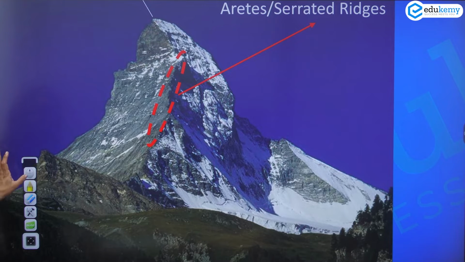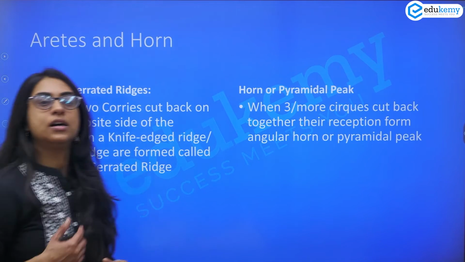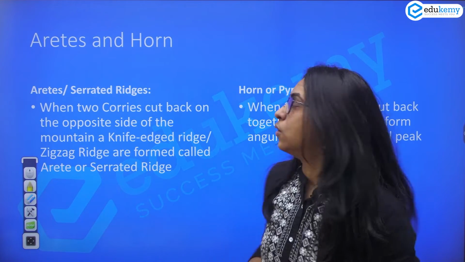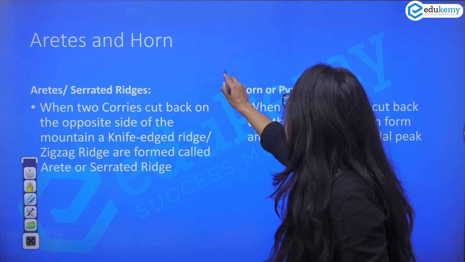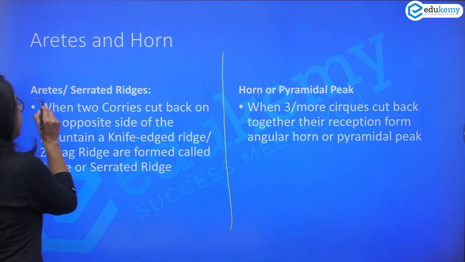Now let's understand what is an arete and horn. Arete or horn, that we have already seen. This arete is also known as serrated edge.